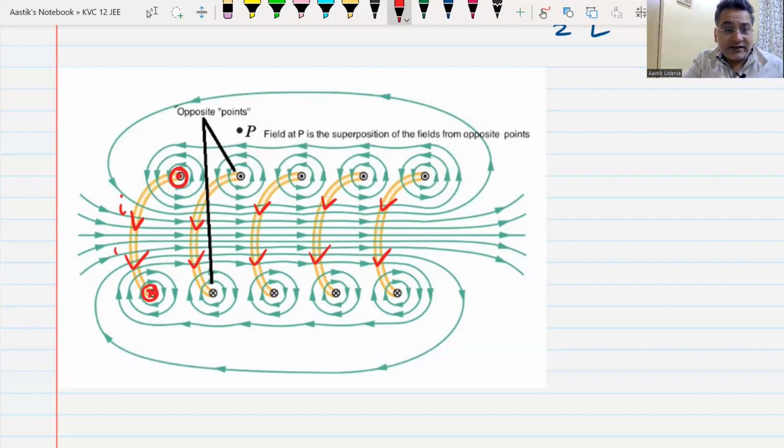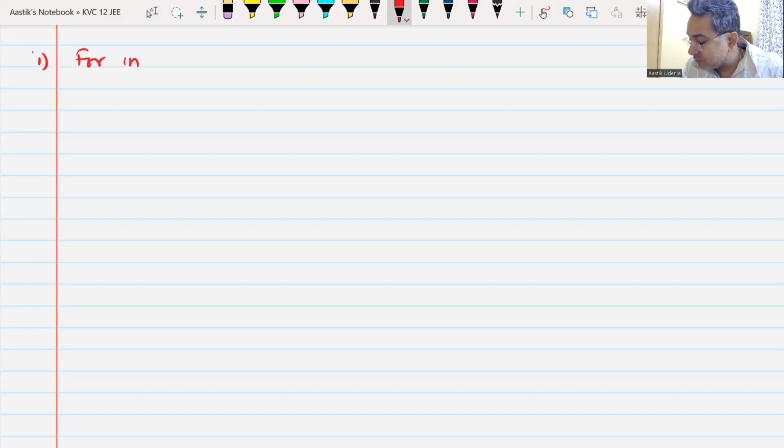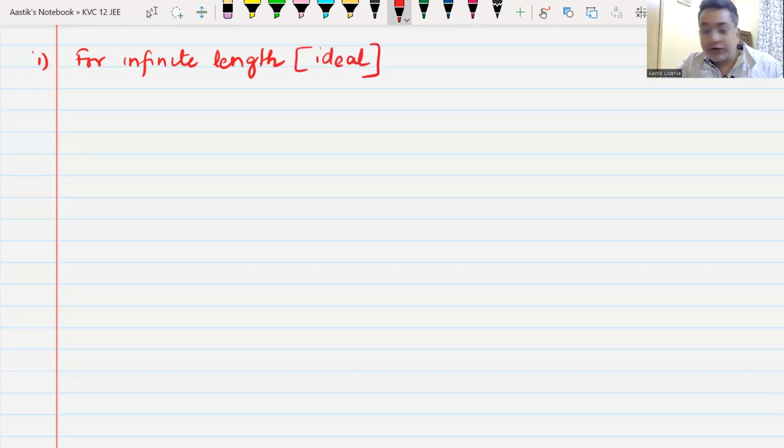Now you have the result, and we can use that result for different types of solenoid. For a solenoid of infinite length, some people call it an ideal solenoid as well, at any point inside the solenoid, what will be the magnetic field?